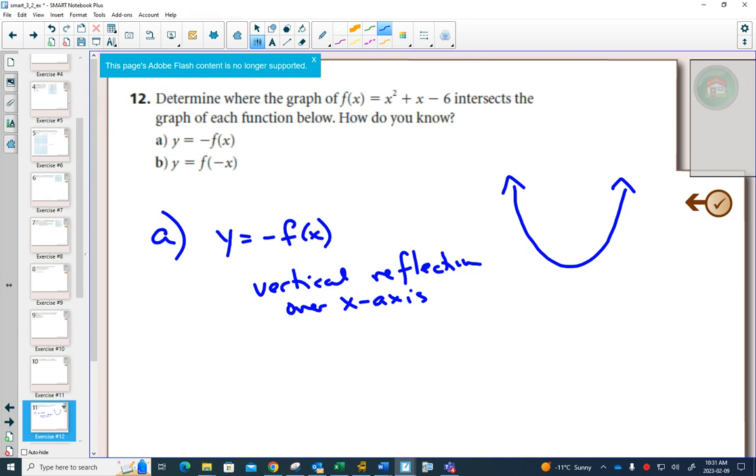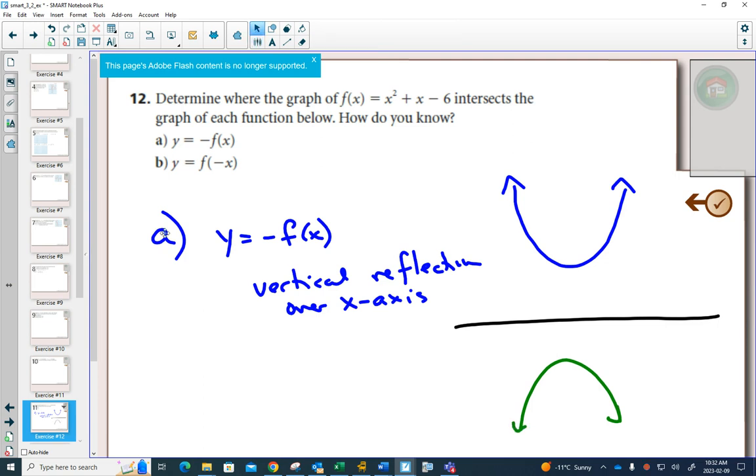There's a couple of possibilities, right? The x-axis could be like this, down below. If it's down below and I flip it over, will the graphs ever intersect? No. Does that make sense? If it's there, then my flip over would be like here. Do those two graphs intersect? No.